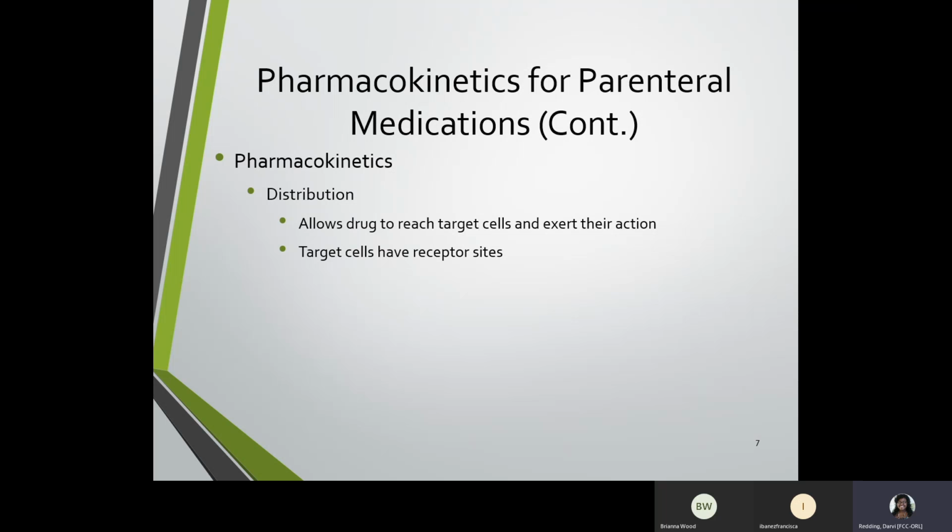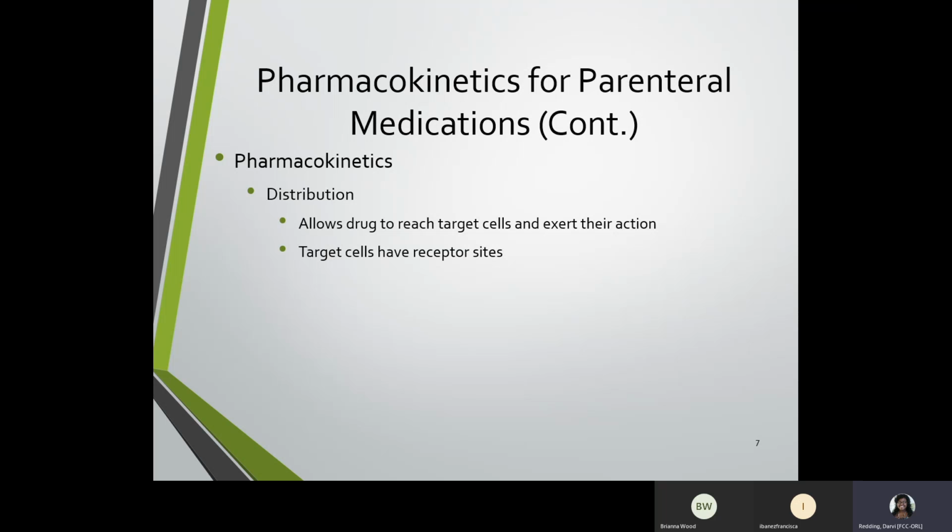This is sometimes referred to as a lock and key mechanism, which describes the interactions of the drug at the receptor site on the target cell. Basically, after a connection is made, the reaction can take place. In this case, a medication is able to enter into the cell.